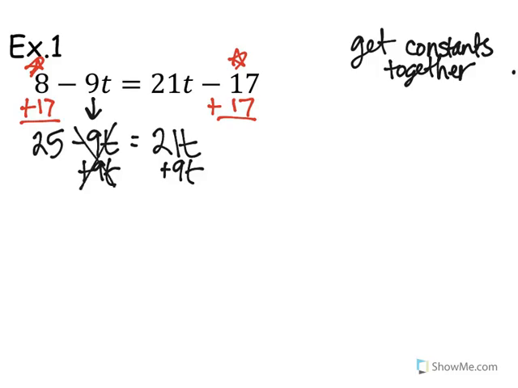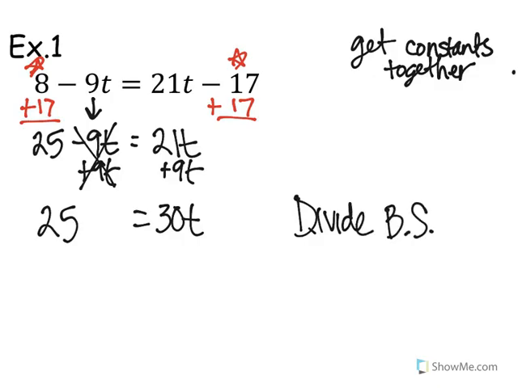So now my 9t's cancel. 21 plus 9 is 30t. My answer is going to be a fraction. What is my last step? Divide. I'll reduce after that, though. You're right. So, divide both sides by 30.